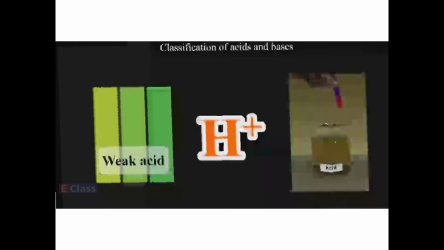What happens here is, on dissolving in water, the dissociation doesn't get completed, children. Here the H plus ions are not in a large proportion. You have something which is undissociated also, so undissociated molecules are present. That means complete dissociation is not done.